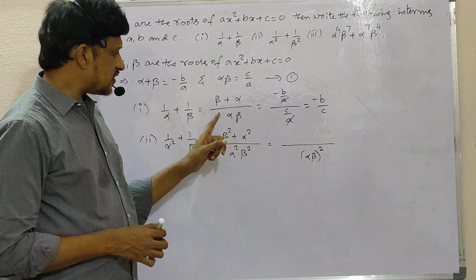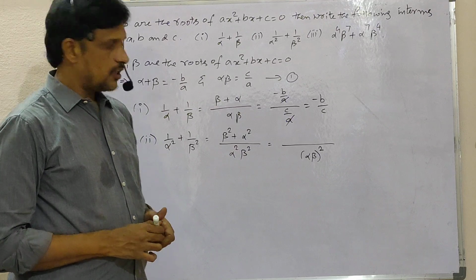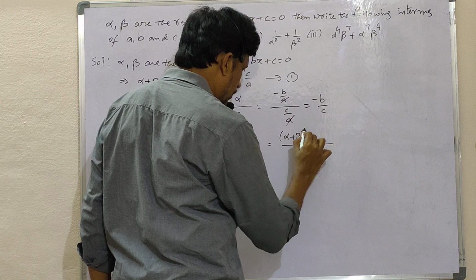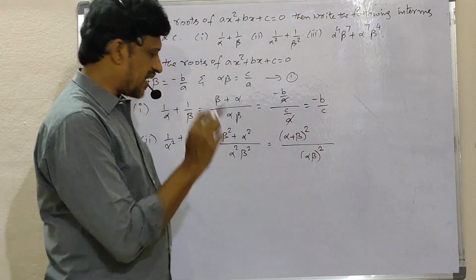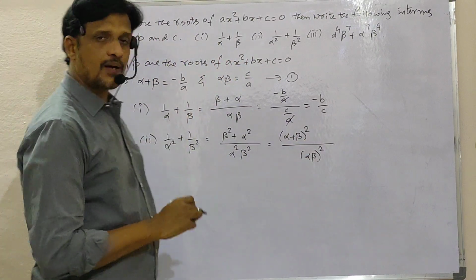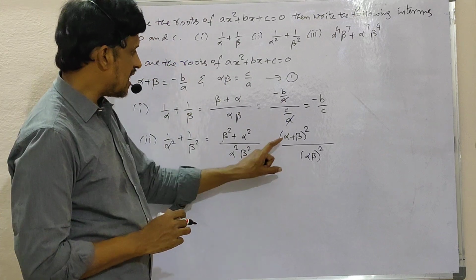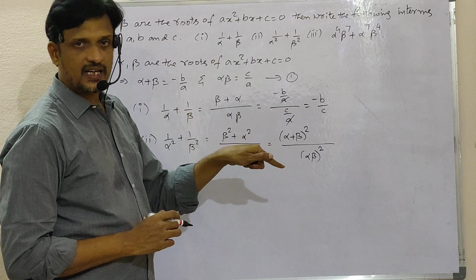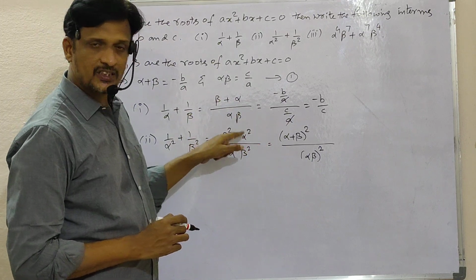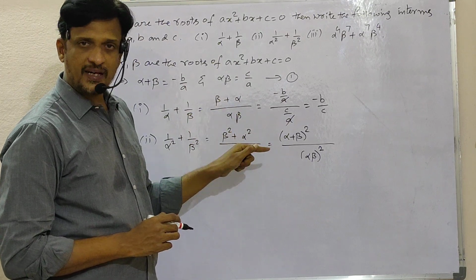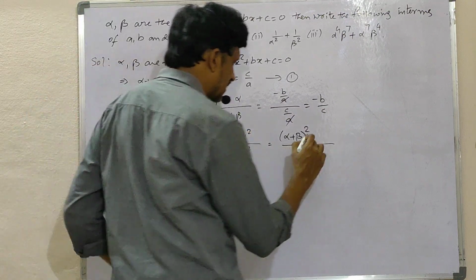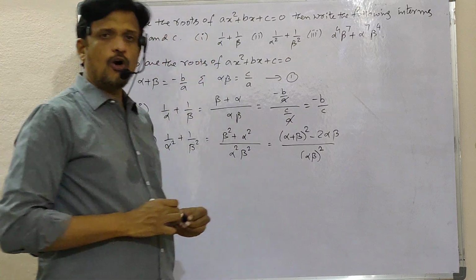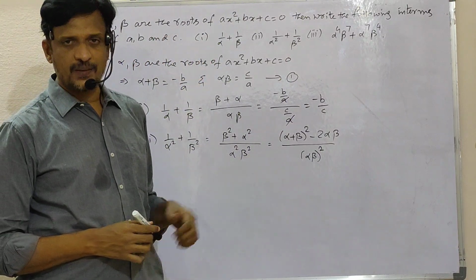So alpha square plus beta square you can write like this: alpha plus beta whole square. If you write alpha plus beta whole square, which is in the form of a plus b whole square, then you are getting alpha square plus beta square plus 2 alpha beta. In addition to the required alpha square plus beta square, we are getting plus 2 alpha beta. So subtract the same, minus 2 alpha beta. That means a plus b whole square minus 2ab gives a square plus b square.